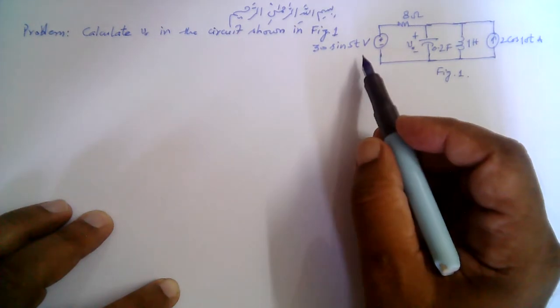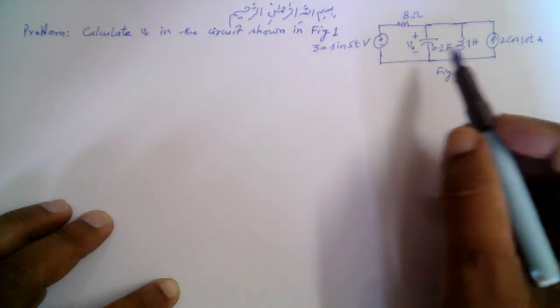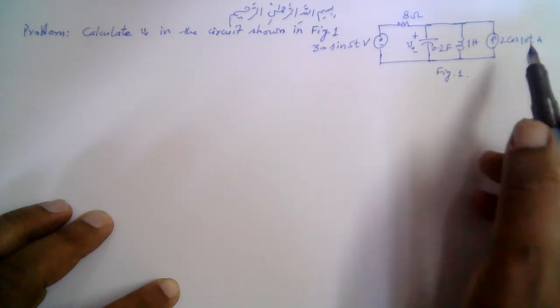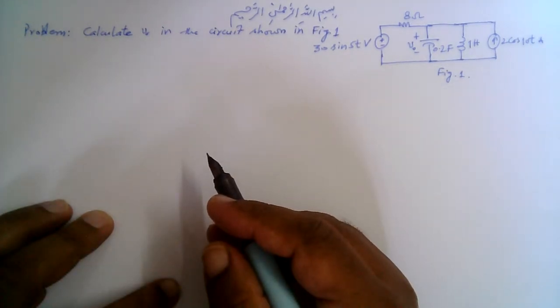The frequency of the voltage source is 5 radians per second and the frequency of this current source is 10 radians per second. So we cannot transform the entire circuit completely using both the sources in the phasor domain simultaneously.